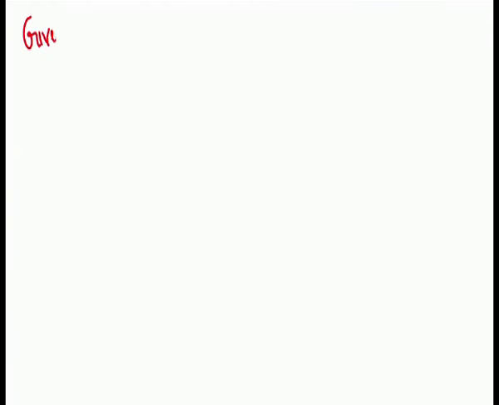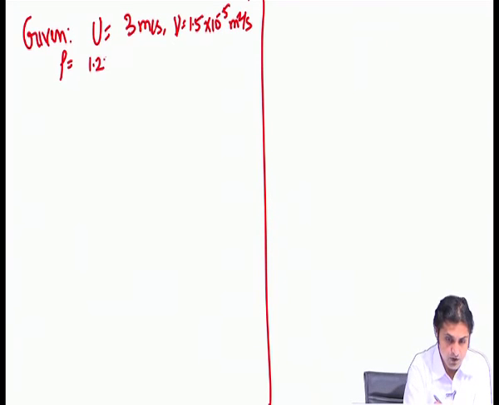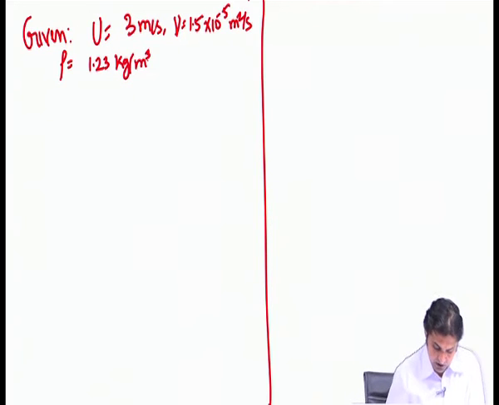So what we are going to do, given U is equal to 3 meters per second, nu is equal to 1.5 into 10 to the power minus 5 meter square per second, and rho is given as 1.23 kilogram per meter cube. All right.